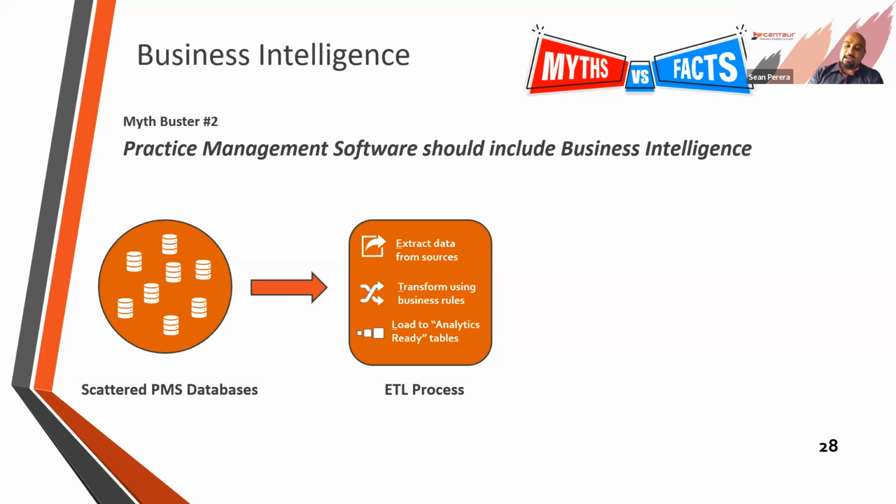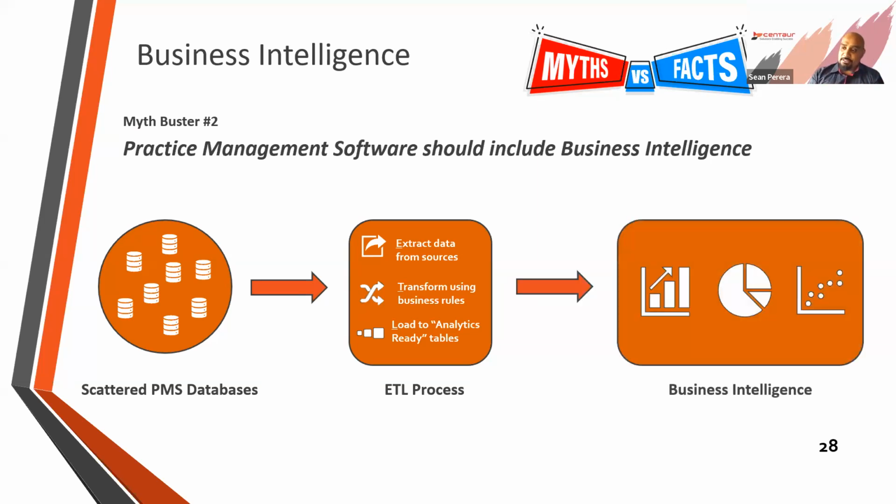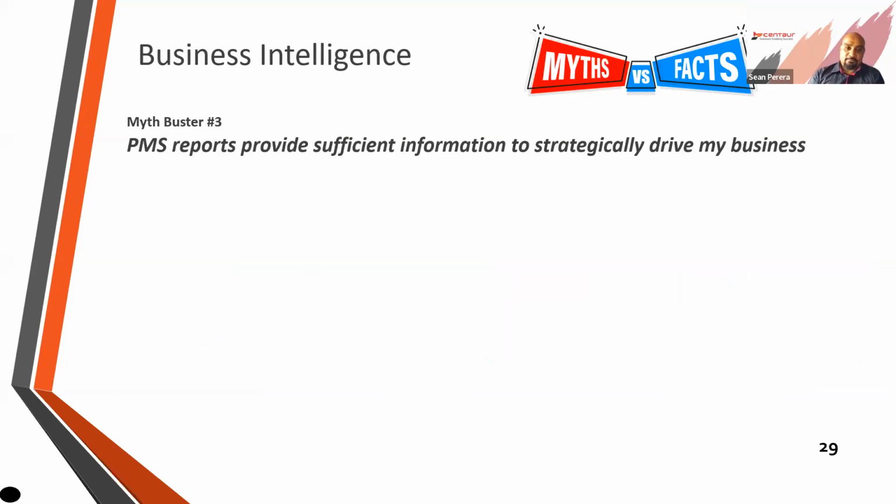So this is typically done in a mass production type environment called data warehouses, and that's only when you can see business intelligence dashboards. So practice management systems aren't equipped to do serious analytics. I often tell people it's like expecting a firefighter to use a garden hose to put out a building fire, or even using a bicycle to tow a boat, because it is not equipped to do that, Linda. That's a good one. I like the way you explained that one, Sean.